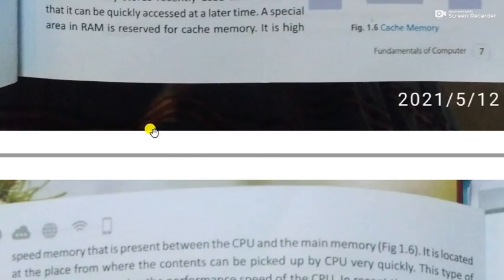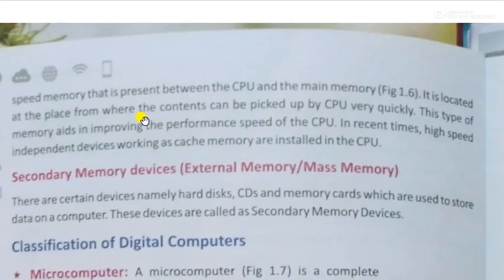It is high speed memory that is present between the CPU and the main memory. It is located at a place from where the content can be picked up by the CPU very quickly. This type of memory aids in improving the performance speed of the CPU. In recent times, high-speed independent devices working as cache memory are installed in the CPU.